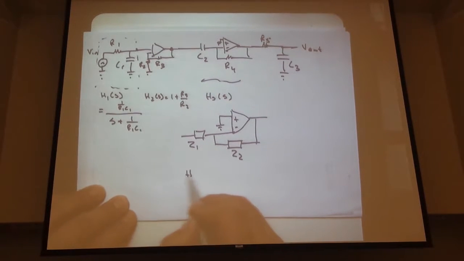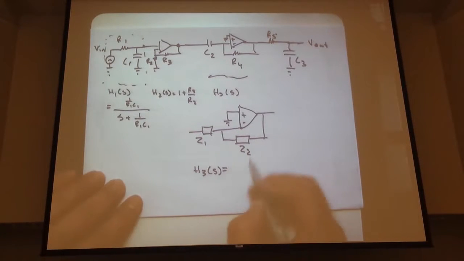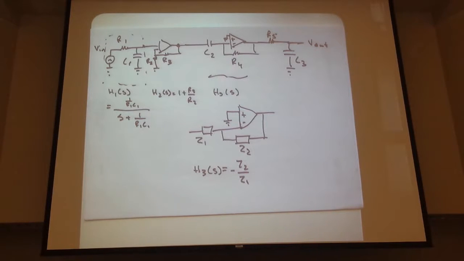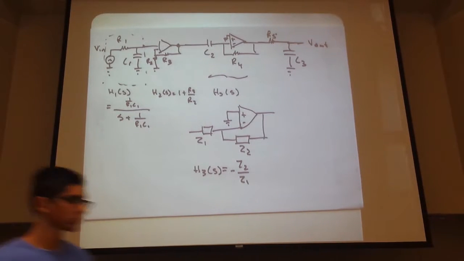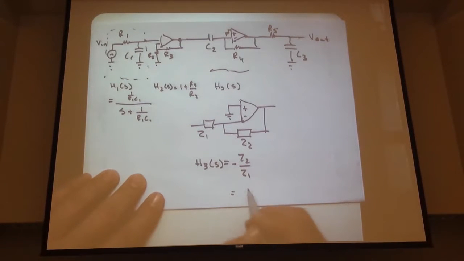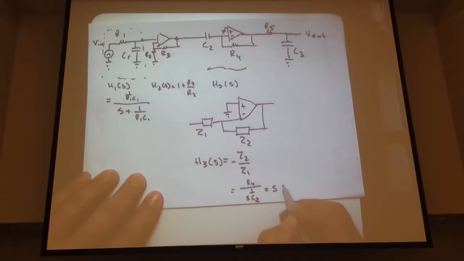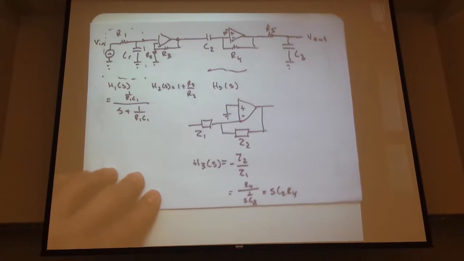And here we can say H3 of S equals minus Z2 over Z1. And so there's our circuit. In this case, Z2 was R4 in parallel with 1 over SC2, which is SC2 R4.